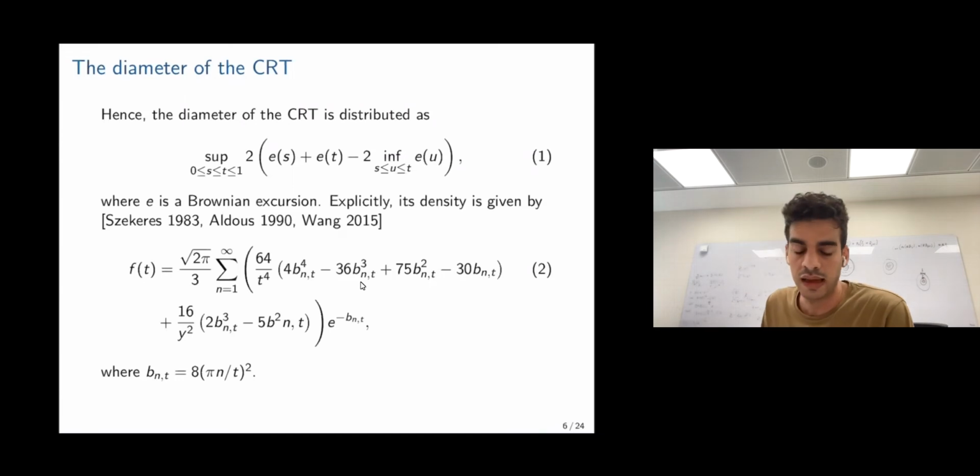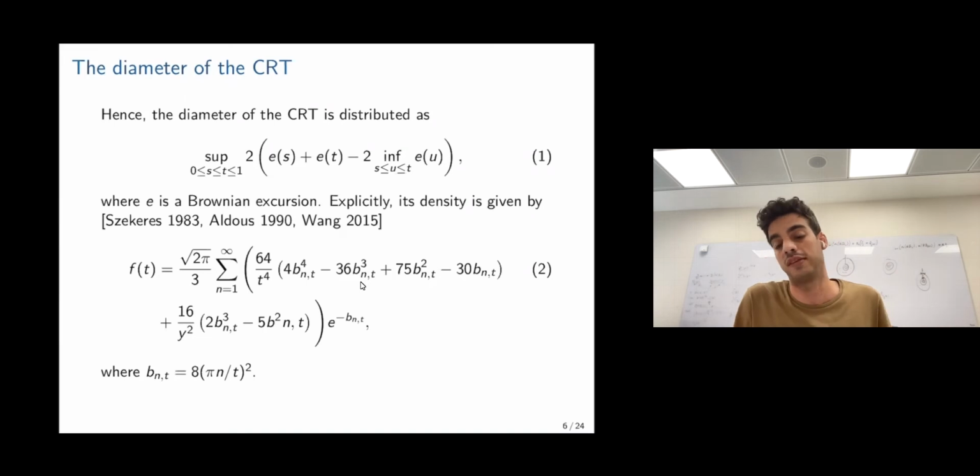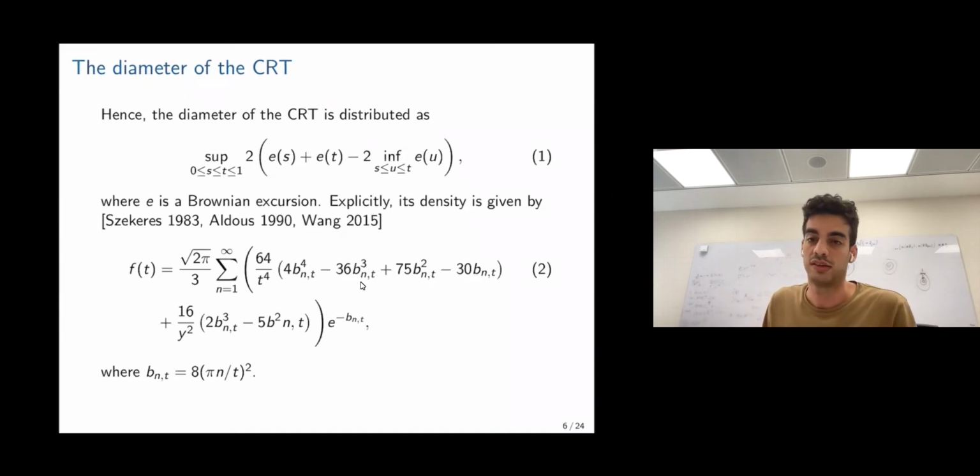Then in 1990, Aldous showed that these USTs that Szekeres investigated converge after proper scaling to the CRT. And the CRT can be sampled using a Brownian excursion. So we get immediately that the density of 1 is given by 2.